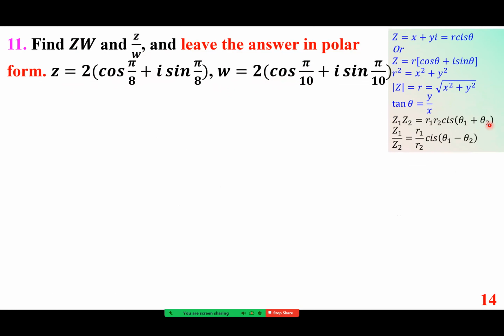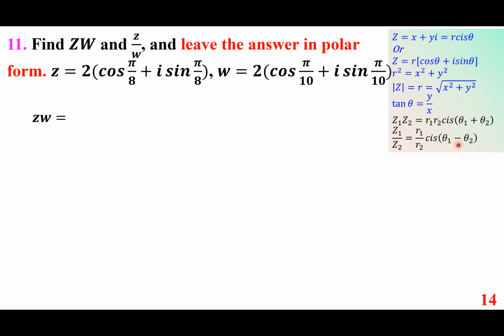Here's their product: z1 z2 is r1 r2 cis theta 1 plus theta 2, which means if you want to multiply two complex numbers in polar form, multiply their moduli, their magnitudes, and add up their arguments. If you're dividing, divide their magnitudes, and cis theta 1 minus theta 2, the difference of their arguments.